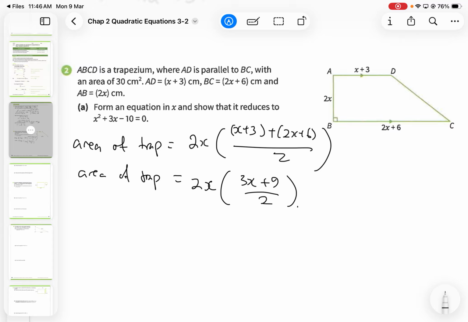Then they tell me the area of trapezium, this trapezium is 30. Then now I can substitute. Area of this trapezium is 30. When I multiply, numerator times numerator.